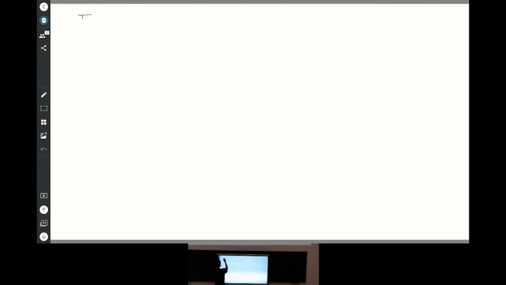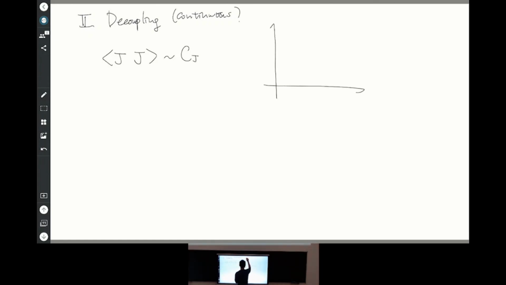And the second scenario is decoupling. So this also leads to some continuous transition. And in the decoupling scenario, if you have conserved currents, a natural object that you can study in the two-point function is this C_J, which is the normalization of the two-point function. And in this scenario, they discussed the possibility that maybe this C_J, as you increase the AdS radius, goes to 0 at some point.